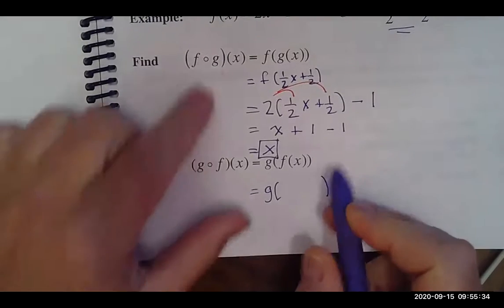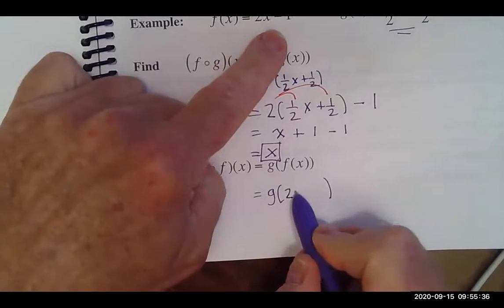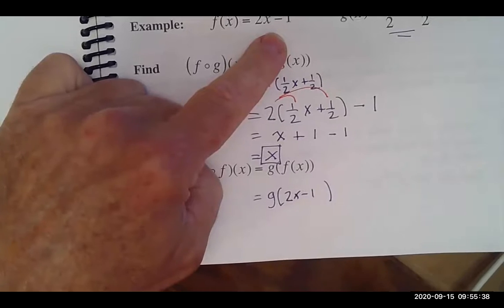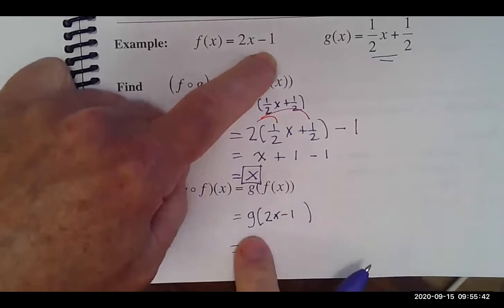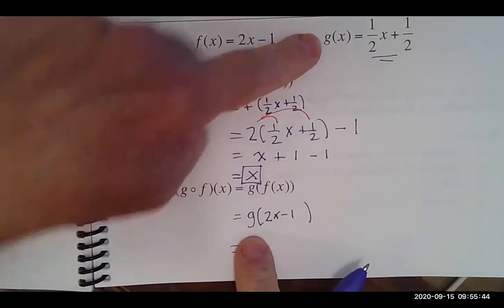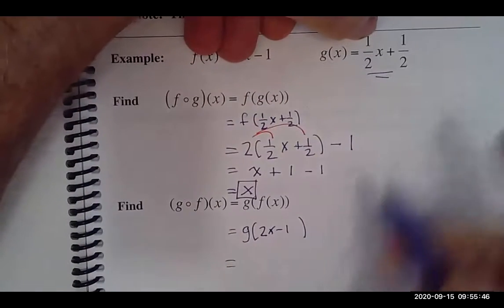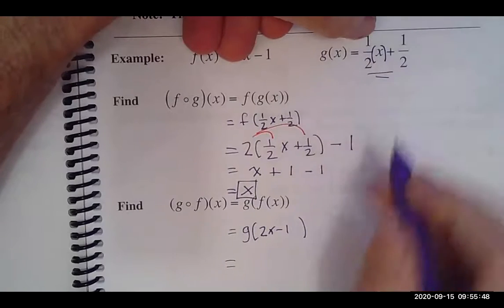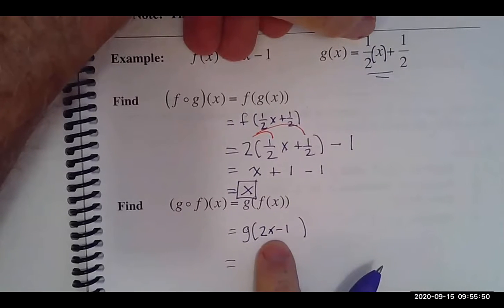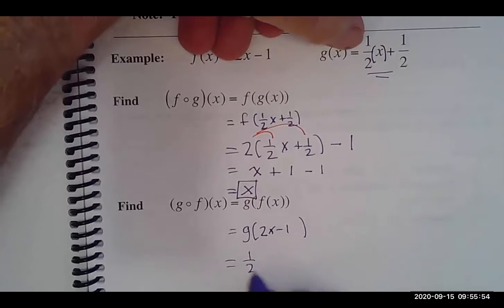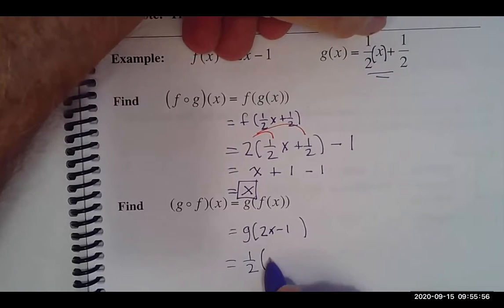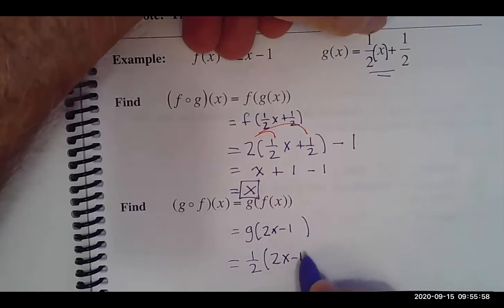Okay, F of X is back up here, so go 2X subtract 1. Okay, now I'm looking for the G. The G is over here. So I'm going to go the 1/2, and wherever I see an X right there is going to be the 2X subtract 1. So I got to start with the 1/2, and then I'll do the parentheses, and now I'll put the 2X subtract 1.